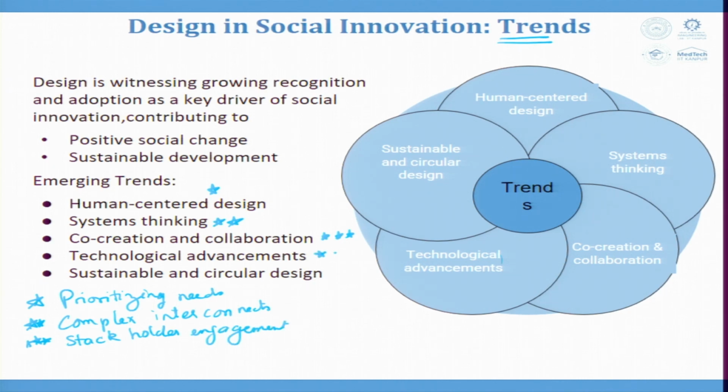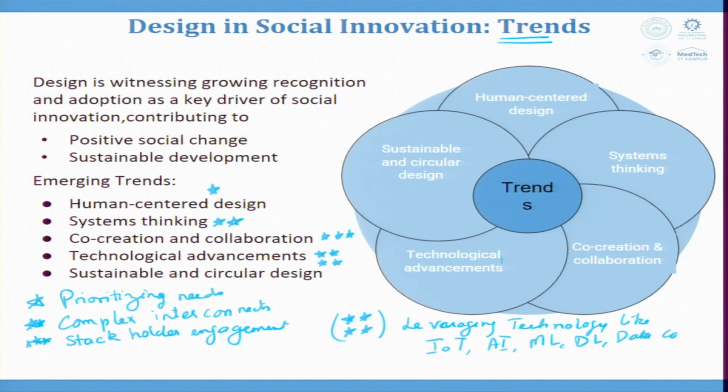The fourth one is leveraging technology like Industry 4.0, whatever IoT, AI, ML, DL, data connect, all those things. And sustainable and circular design is more towards the environment.